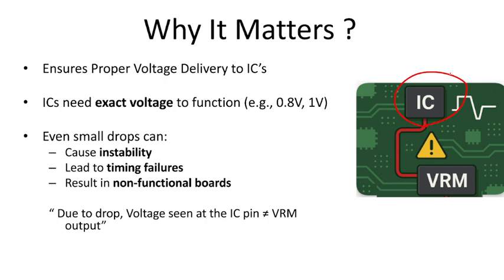Let us say this IC is manufactured to operate at 1 volt. If we are not able to deliver it for some reason, and the supply going from the VRM to the IC does not meet this requirement of 1 volt, then this IC is going to cause several issues, like instability, timing failures, and sometimes the design may not work as expected.